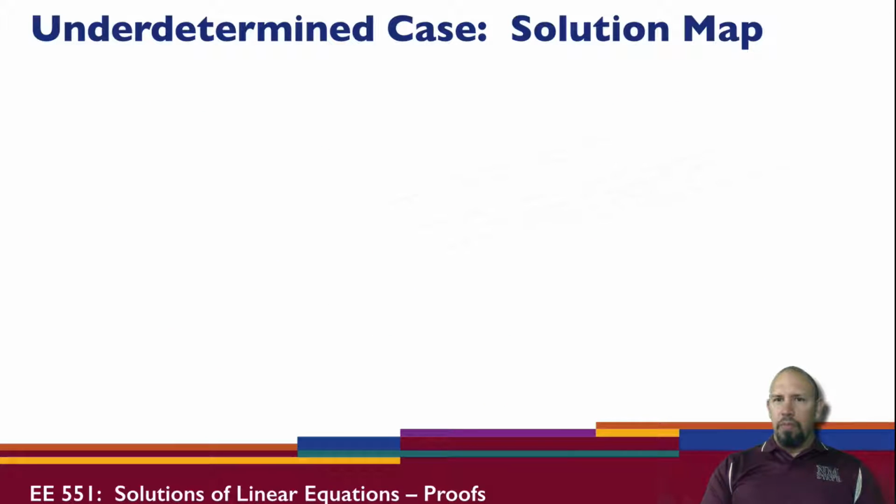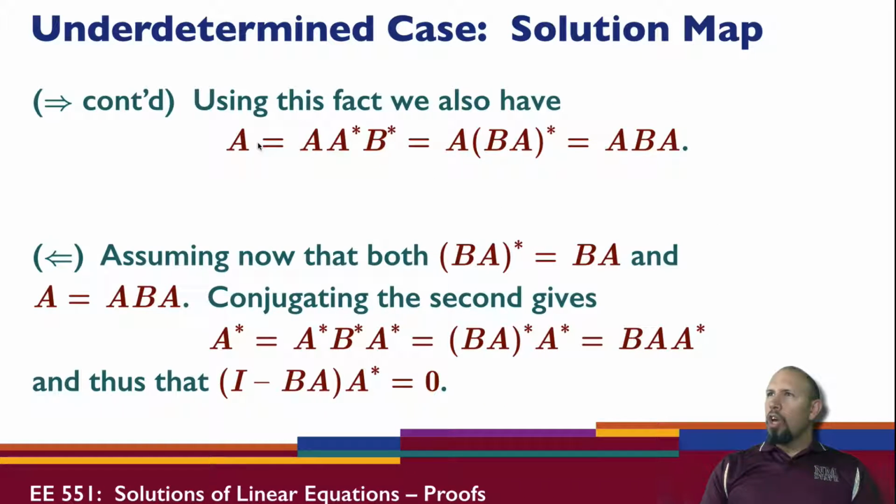Continuing on, we also use again the fact that A is equal to this equation. I'm going to recall that this is self-adjoint, so it's equal to BA. So this quantity is equal to this quantity adjoint, but this adjoint is self-adjoint, and so BA quantity adjoint is equal to just BA. So A is equal to ABA. So that proves the second part.